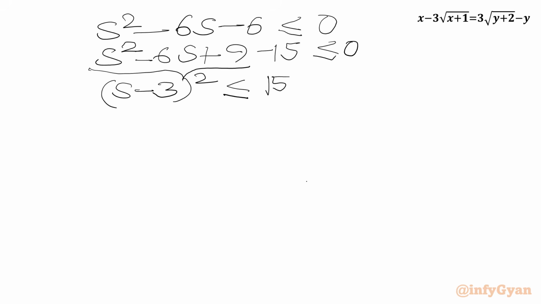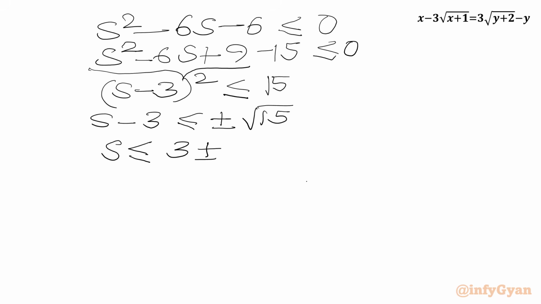After taking square root both sides, we will get s minus 3 should be less than or equal to plus minus square root 15. By adding 3, we will get s should be less than or equal to 3 plus minus square root 15.